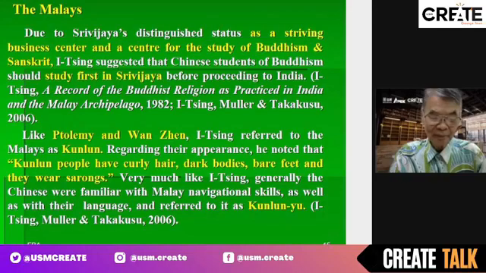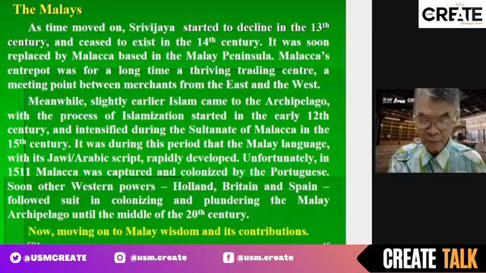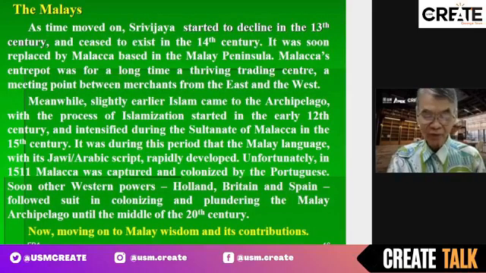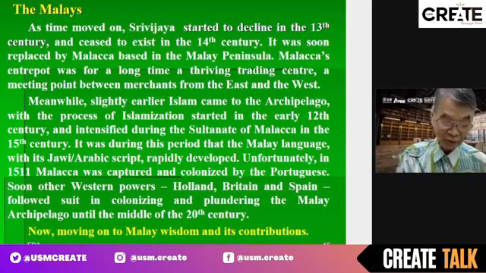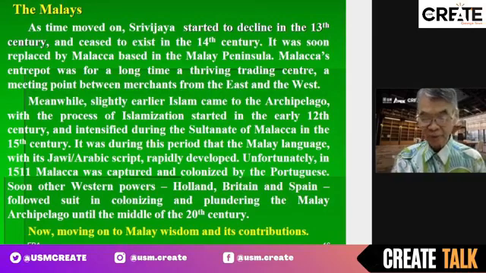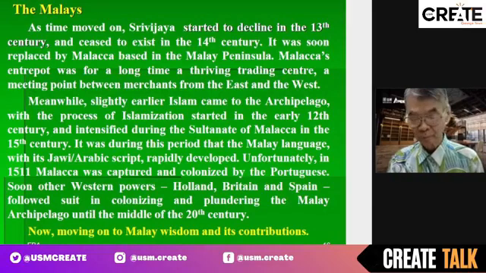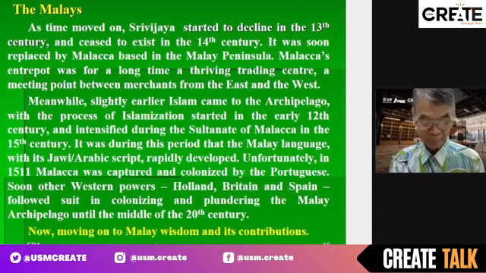Now, as time moved on, Srivijaya started to decline in the 13th century and ceased to exist in the 14th century. Fortunately, it was soon replaced by Malacca, based in the Malay Peninsula. Malacca's entrepot was for a long time a thriving trading center, a meeting point between merchants from the east and the west.